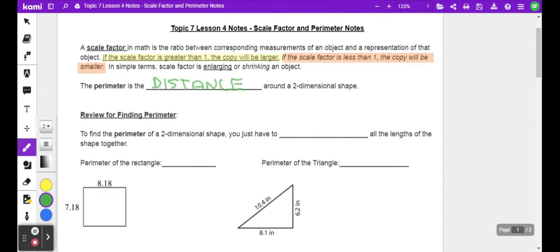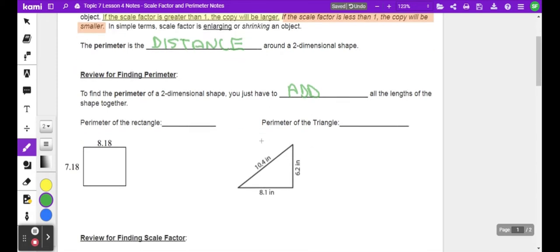Remember, to find the perimeter of a two-dimensional shape, all you have to do is add all the lengths of the shape together. So if we look at this example of the rectangle, I know that a rectangle has 4 sides, and if I add all of those sides together, I would get the perimeter. I might only see 2 of the sides, but I need to make sure I add up all of the sides.